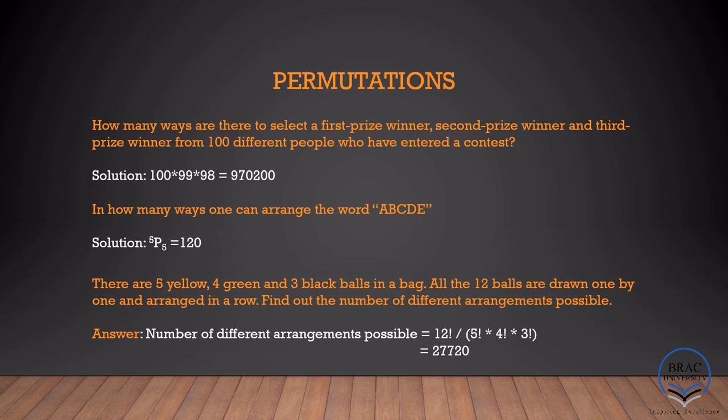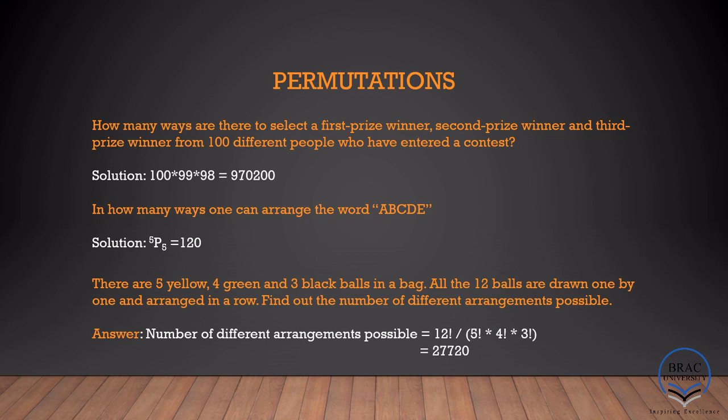Now there are 5 yellow, 4 green, and 3 black balls in a bag. All 12 balls are drawn one by one and arranged in a row. Find the different arrangements possible.